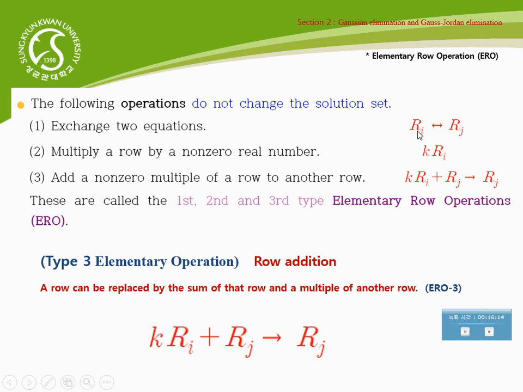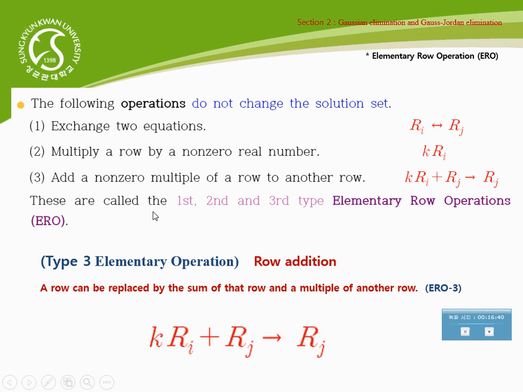Okay, now the following operations do not change the solution set. If you change the order of the equations in the linear system, there's no change in the solution set. If you multiply an equation by a nonzero scalar, it does not change anything in the solution set. If you multiply a scalar to one row and then add it to another row, it does not change anything in the solution set. That's the way that you did the elimination. Okay?